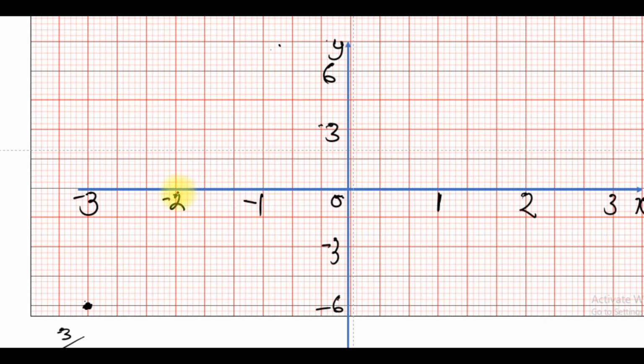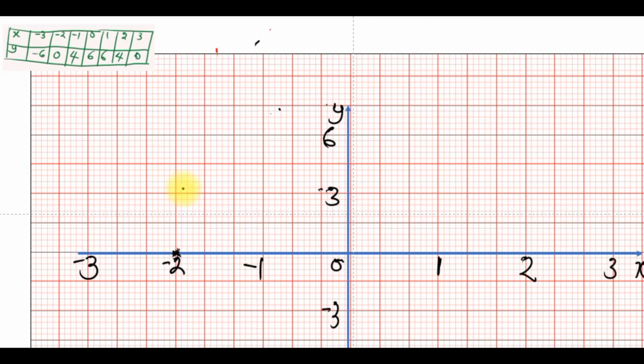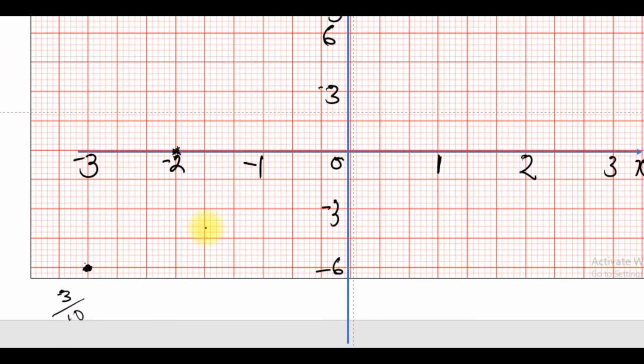So that's the point on the x-axis. Again, when x is minus 1, y is 4. So that is where we locate the 4. Remember I told you each grid line for the y-axis is 3 over 10, that's 0.3. So to locate 4, we do 4 over 0.3, which is 13.33 grid lines.